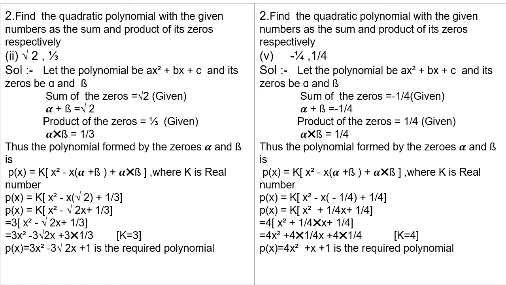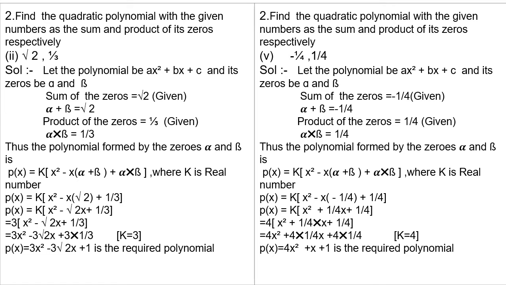So in place of alpha into beta we are writing 1 by 3. Now p of x is equal to k into x square minus root 2x plus 1 by 3. So if we take k is equal to 3 here, since 3 is in the denominator, to cancel this one we will take k is equal to 3. So 3 into x square minus root 2x plus 1 by 3.